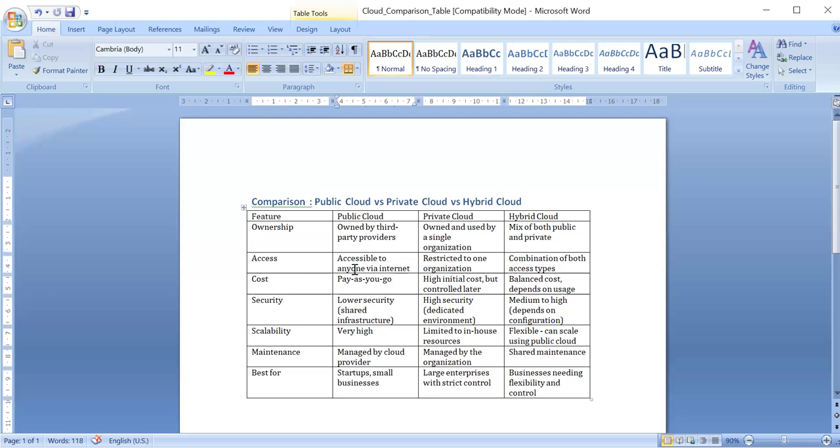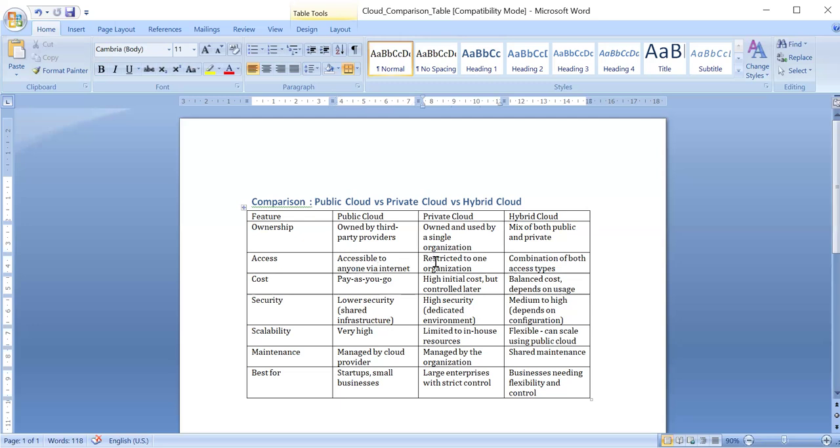Next is about access. In public cloud, anyone with an internet connection and an account can access it. For example, Gmail or Google Drive. If you have a Gmail account, you can just access it with an internet connection. That is public cloud.